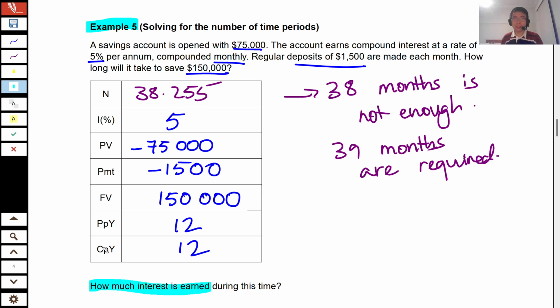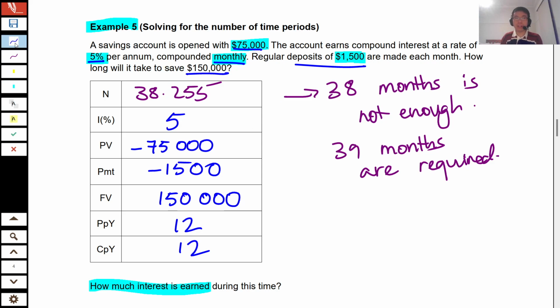Specifically, we're talking about a situation where we opened an account with $75,000. The account earned compound interest paid monthly at a rate of 5% per year, and we made regular deposits of $1,500.